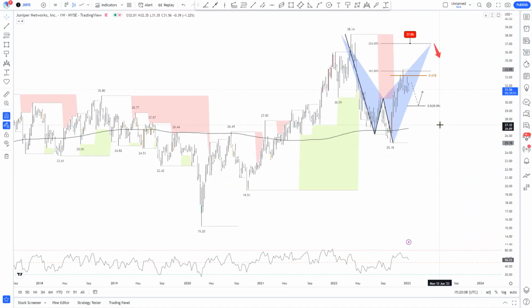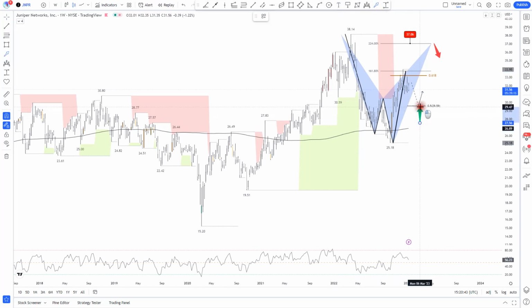Juniper, I'm also expecting some pressure here at the golden Fibonacci extension level. Actually, the golden Fibonacci extension level 161.8, the golden 61.8% retracement, which means we are also facing a shark pattern completion point right there at the golden Fibonacci, right here. 50% Fibonacci retracement 29.59, completing the bullish 5-0 sequence.